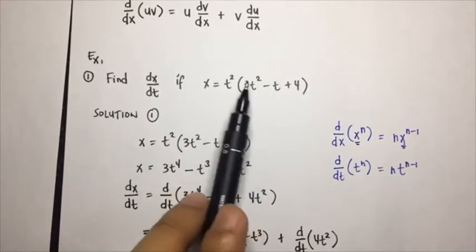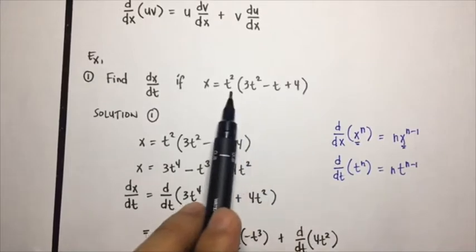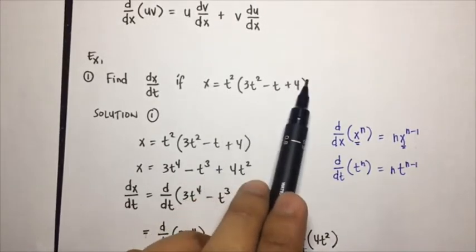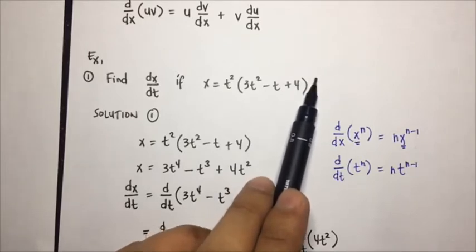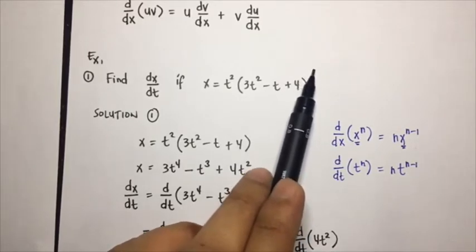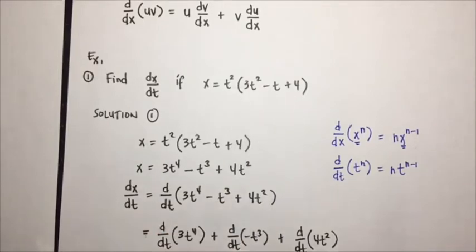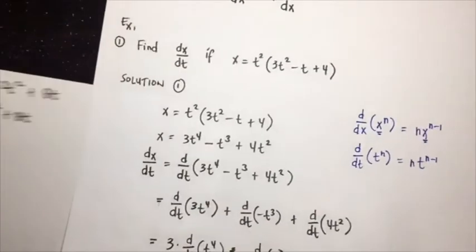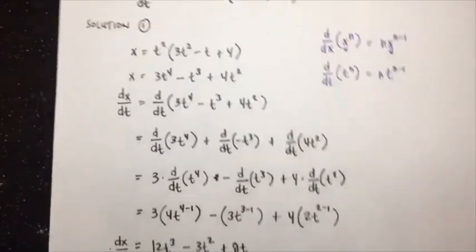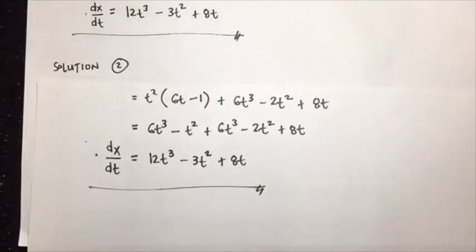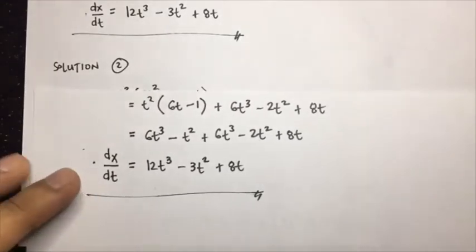Especially, say for example, this is easier because the exponent of the function here is just 1. So what if this is squared, or cubed, or to the power of 4? Expanding this term would be much more difficult. So that's why we still need to know how to apply the product rule.